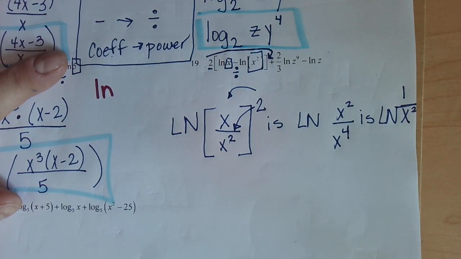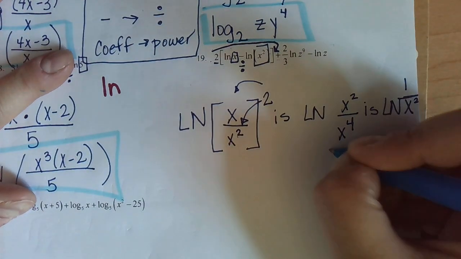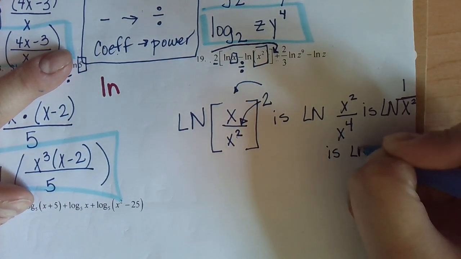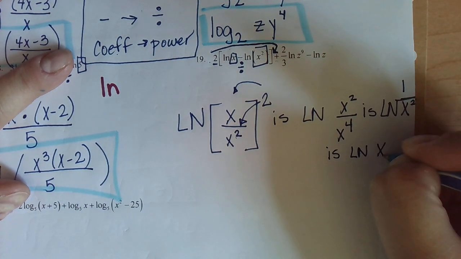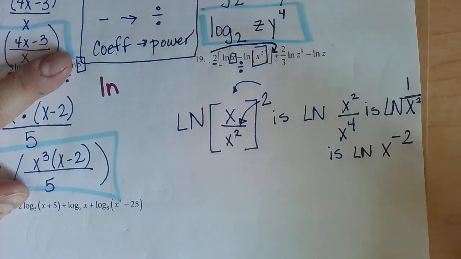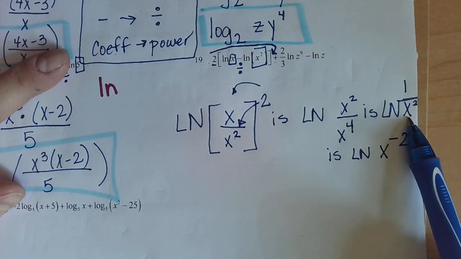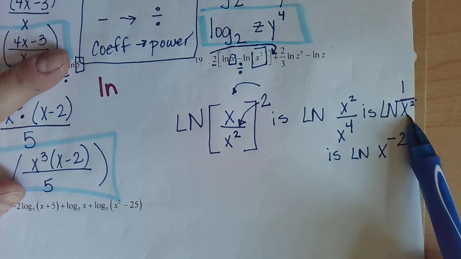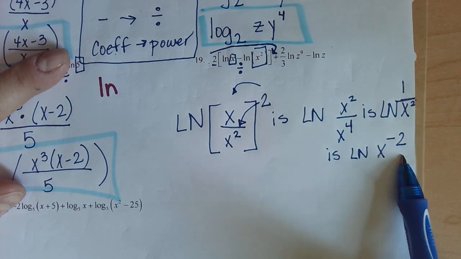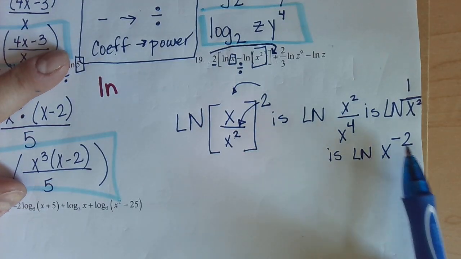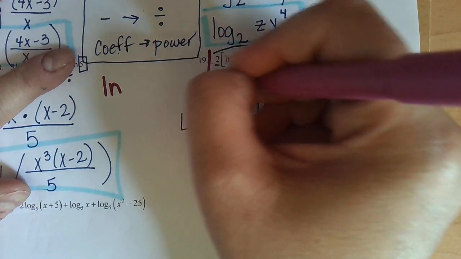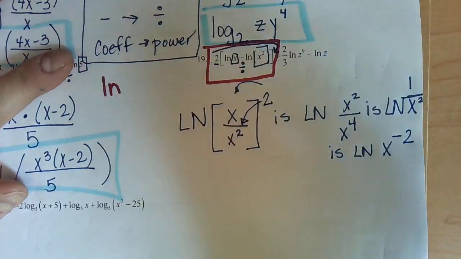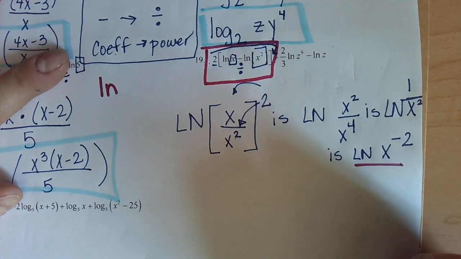And 1 over x squared is like saying ln of x to the negative 2. Remember, things that come from underneath a 1 can be transformed by dropping the 1 and using a negative exponent. So all this hoopla is ln of x to the negative 2.